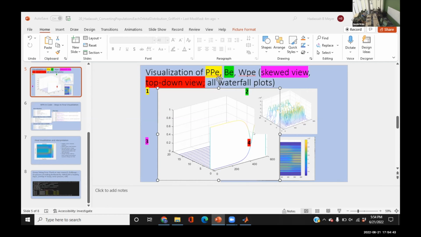Everyone agrees? Hadassah, does it make sense? Do you have any confusion or disagreement? Because this solution looks exponentially decaying, and here it looks more like a theta function. Do you have any confusion or disagreement with how it looks there and how it is seen here?